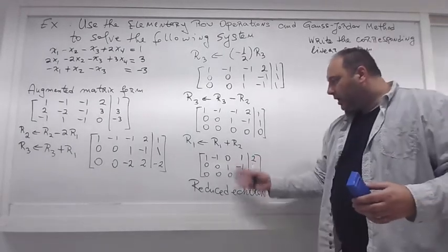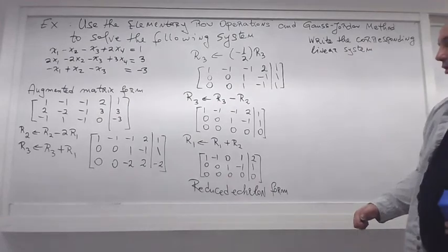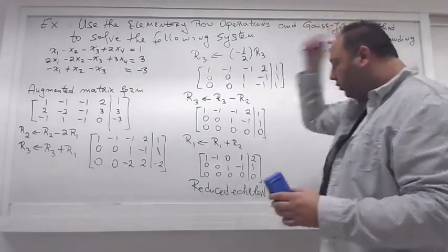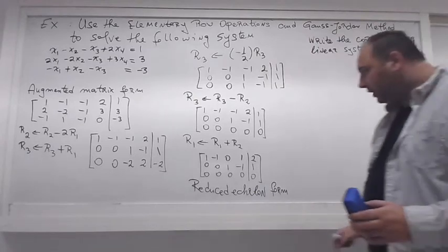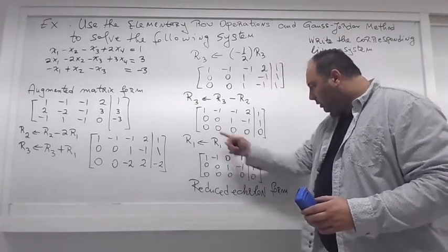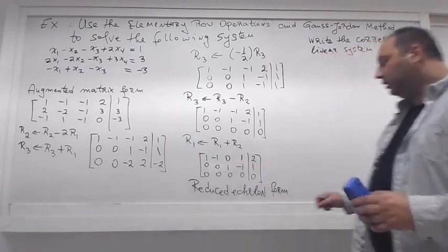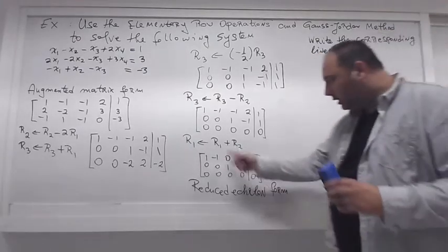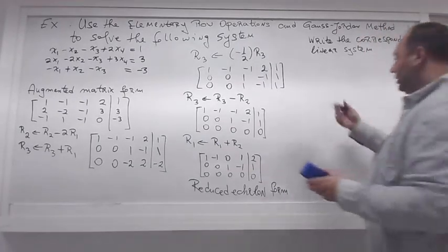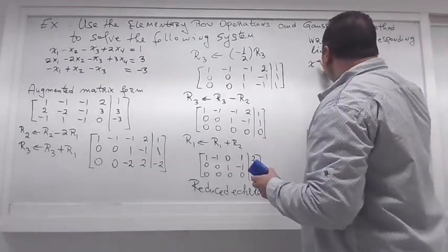I want now to figure out what's the solution. I need to find expressions for x1, x2, x3, x4. So x1 is main variable, x3 is main variable, because in those columns I have my leading entries. Which means that x2 and x4 are free. Cool. So let's just write these things and it will be obvious.